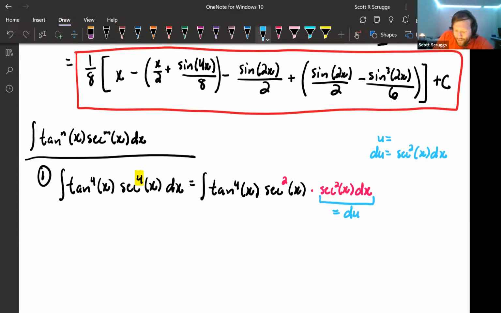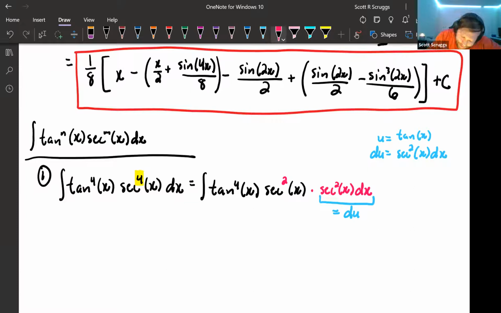And for this particular thing, u would be forced to be tangent of x. And back in Cal 1, the derivative of tangent is secant squared. So that's why I'm taking away a secant squared instead of a secant. So I can have that free, automatically set as my du, where u is my tangent.